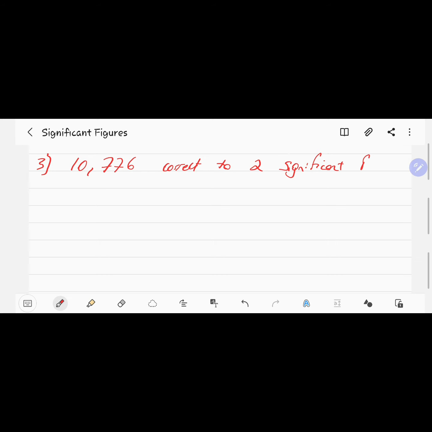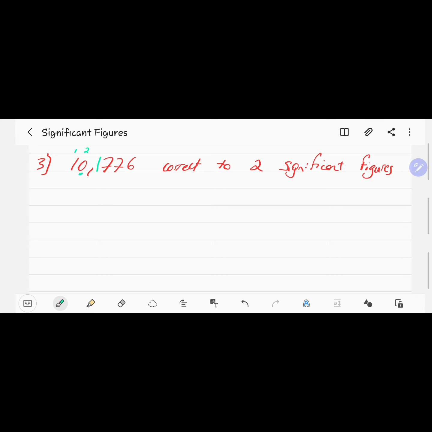With this one, we'll do something similar to what we did above. We count the first two significant figures. In this case, it's the 1 and the 0. So 1, 2. So we're stopping right here with our number of significant figures.